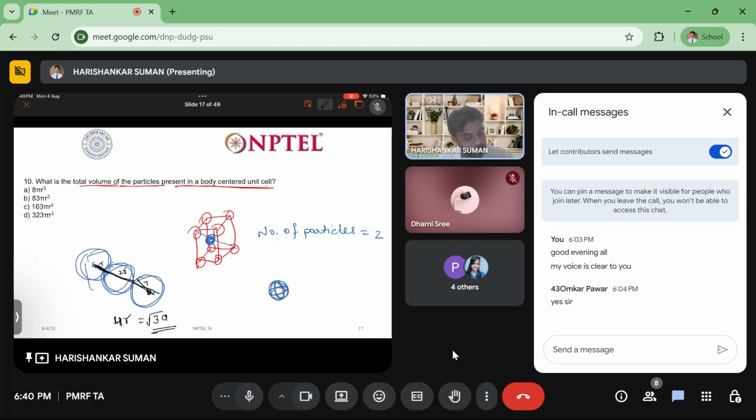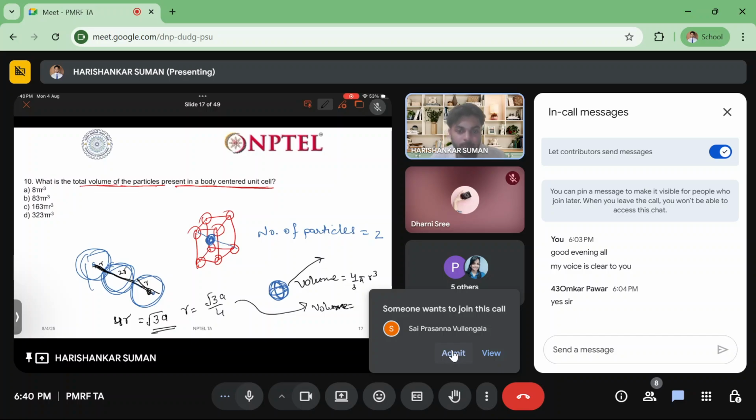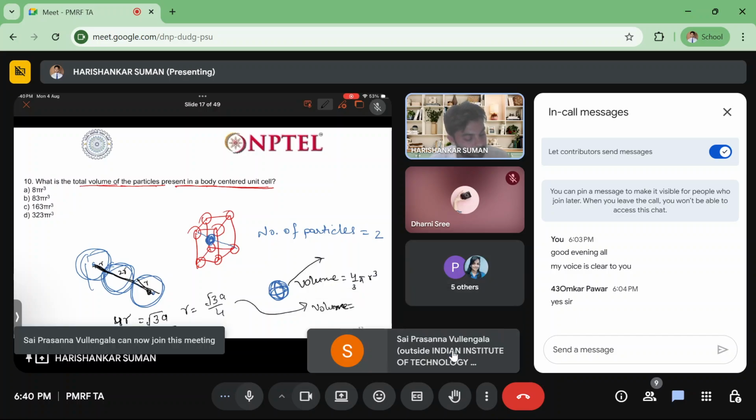Okay, how can you find the volume? You have to find out the r. Please use here 4 by 3 pi r cube.